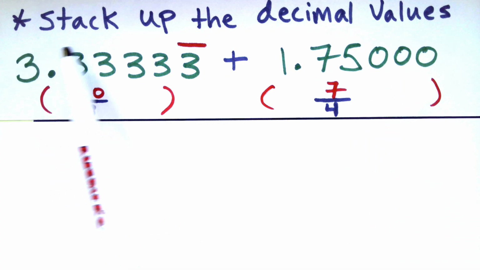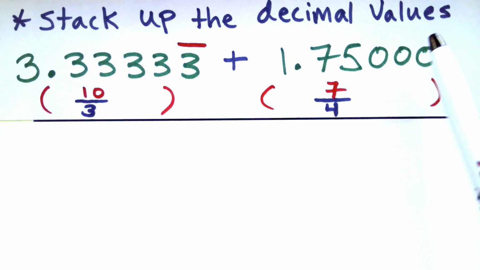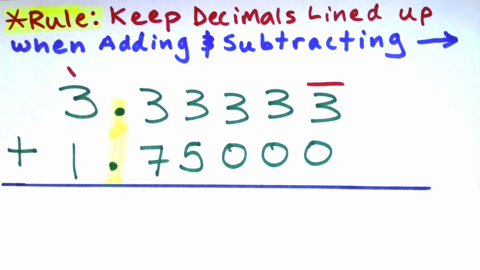So what we're going to do is stack up the decimal values and add them. Okay, so here you can see our two fractions as decimals lined up. What's really important, this is the rule, is you want to keep the decimals lined up when you add or subtract with decimals.